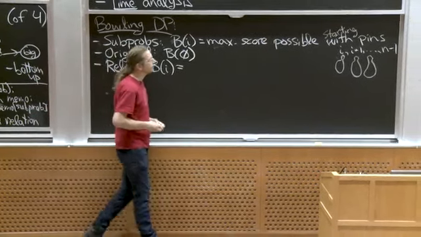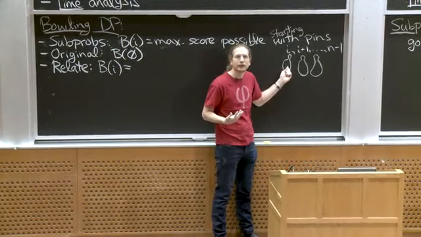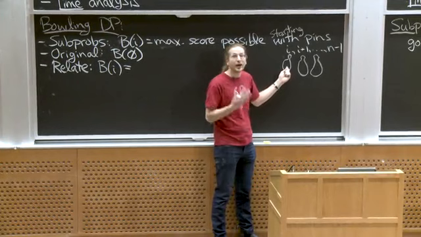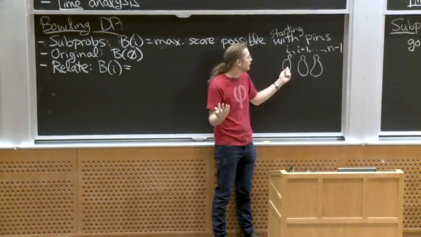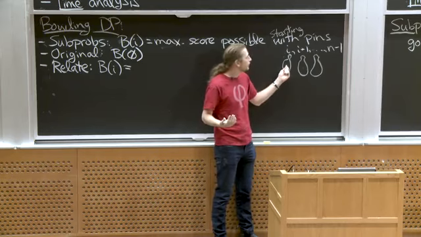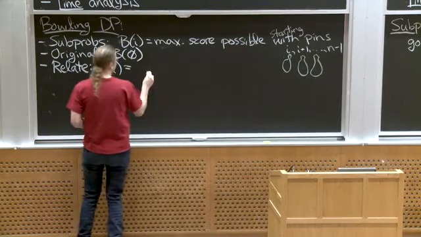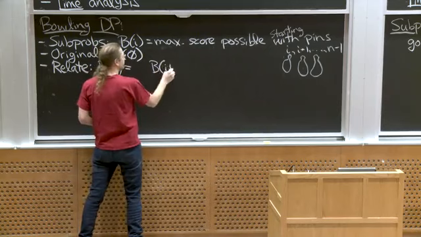Okay, so what could I do? Well, the idea is to just look at pin I and think, what could I do to pin I? I could not hit it ever with a ball. I could skip it. That's one option. What would be my score then? Well, if I skip pin I, that leaves the remaining pins, which is just a smaller suffix. So that is B of I plus 1.